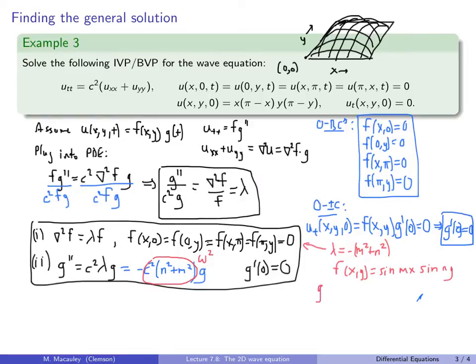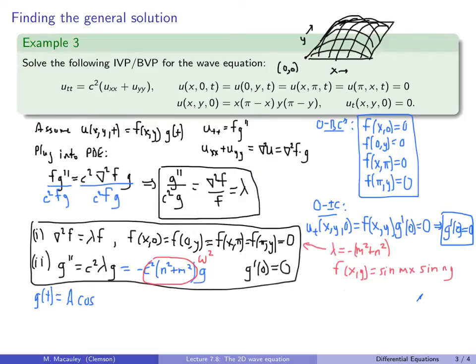So G of t equals a times cosine of omega t. So what's the square root of this?